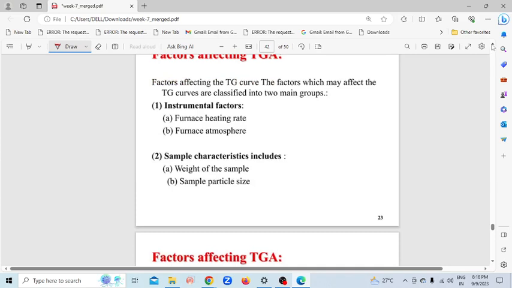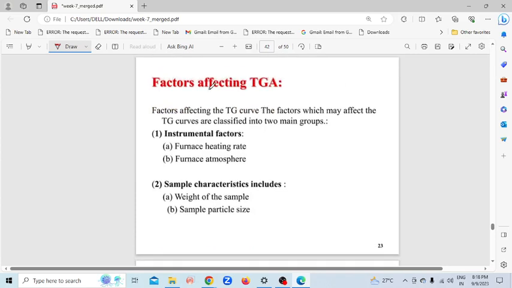Then, what are the factors affecting TGA? The factors which may affect the TG curve are classified into two main groups: instrumental factors and sample characteristics.